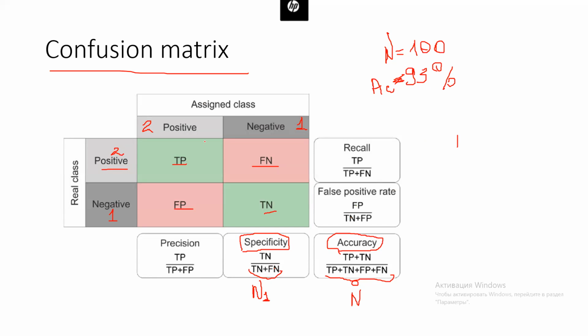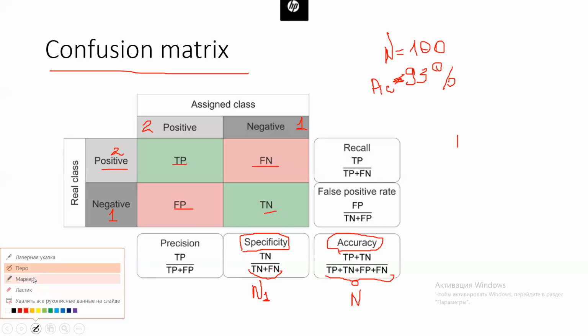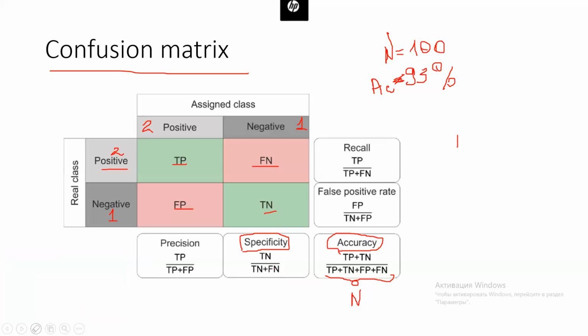In medicine, there are some specific ways to calculate the efficiency of a classification algorithm. You need to estimate sensitivity, which is equal to the number of ill patients which were classified correctly, true positive, divided by true positive plus false negative.